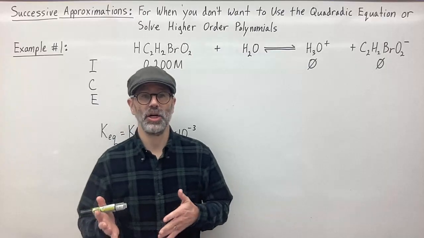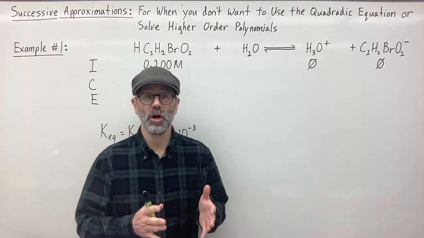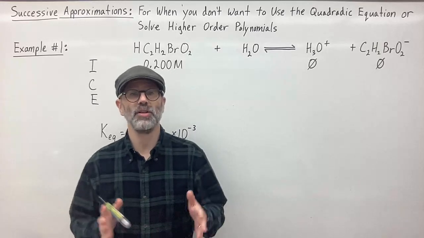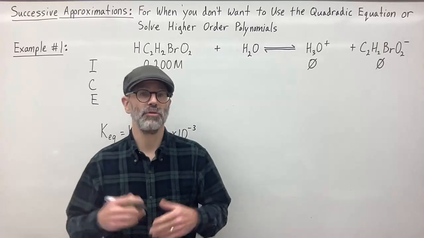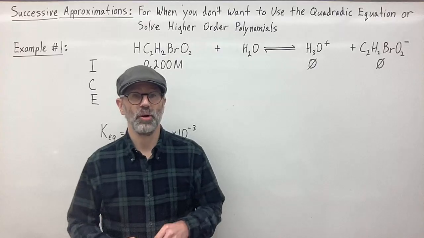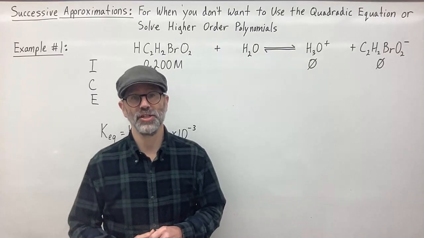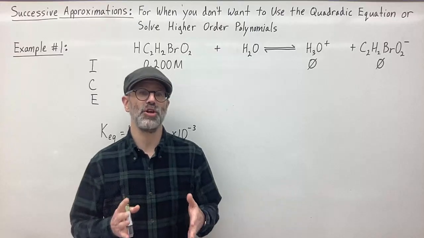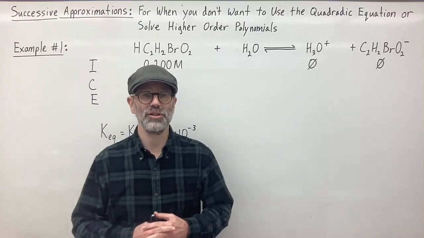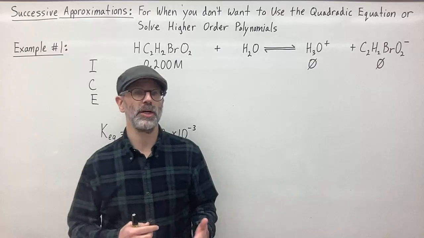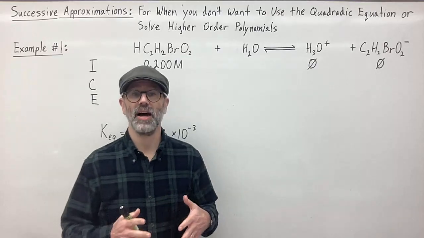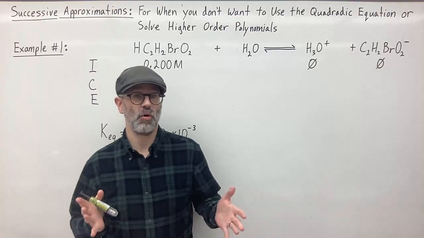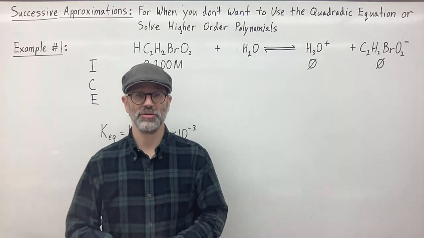So you could either do it that way, or you can use the method of successive approximations in order to solve the problem. So in this video I'm going to be showing you the method of successive approximations, and I'll show you how that method can actually be a lot easier and quicker than just using the quadratic formula for a second order polynomial equation.